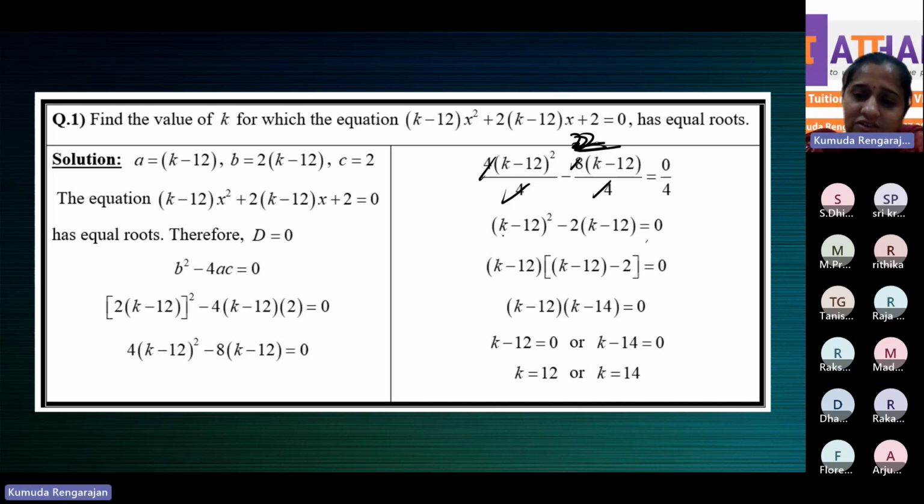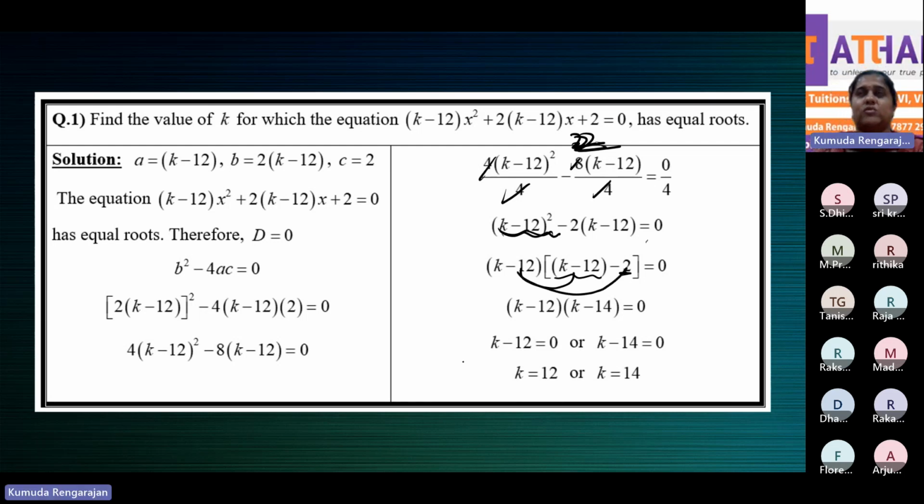So you can either expand this, children, or even if you expand this, you will get it. I have taken out k minus 12 common. I'll also expand it and show you. When you take out k minus 12 common, you will get k minus 12 here, minus 2. K minus 12 into k minus 12 is k minus 12 the whole square.